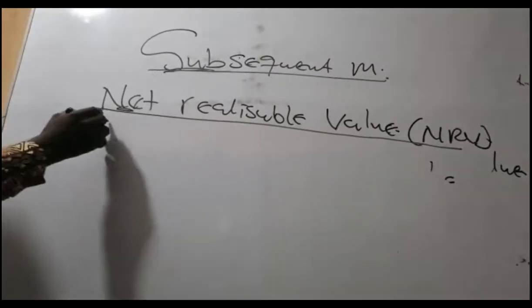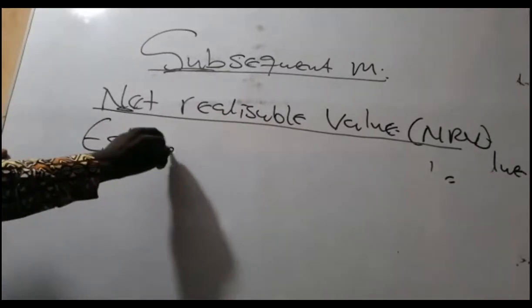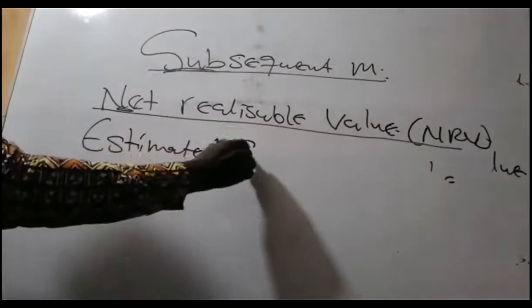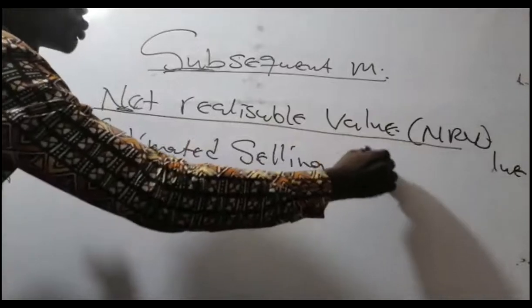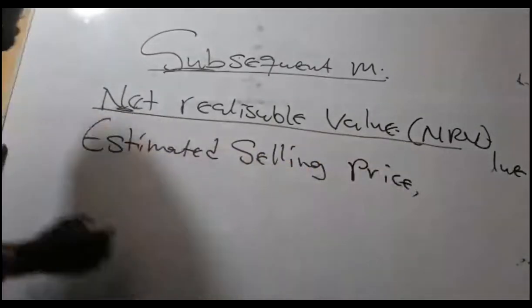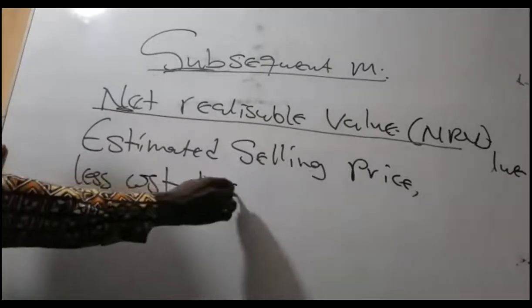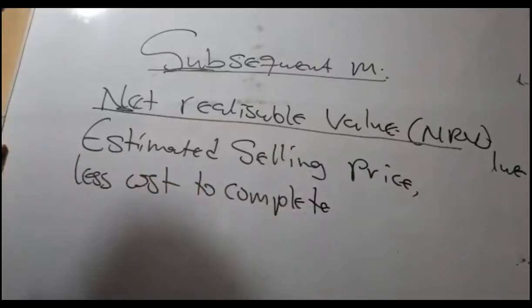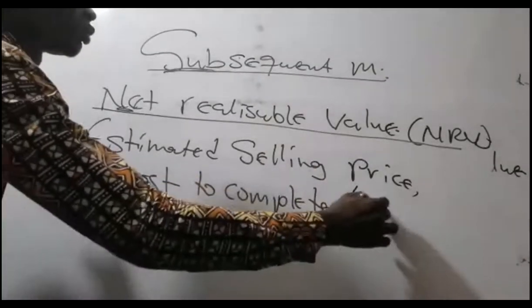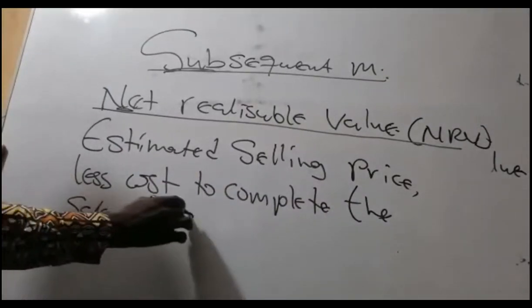So it says equal to estimated selling price, how much you sell the item, so selling price, comma, less cost to complete the sale, and cost to sell.